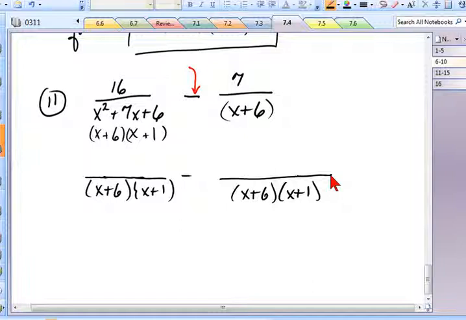Are you ready to compare? Look at the old, look at the new. What has x plus 6 times x plus 1 been multiplied by to get you this? Nothing more than a 1. So multiply the top by 1, which leaves that as 16.